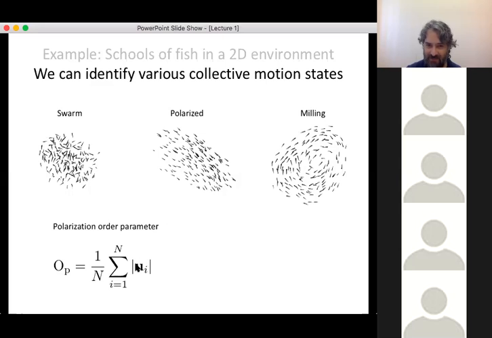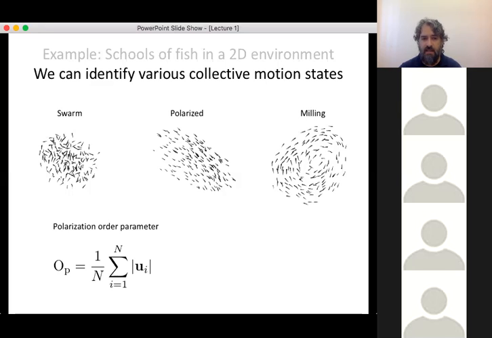So we want to sum the vectors vectorially and then take the modulus of the total vector. Obviously, if you sum the moduli of the unit vectors, we just get n. When you say modulus, do you mean the length of the vector, basically? Yes. The length of the vector, the absolute value. Okay. Sure. Yeah.